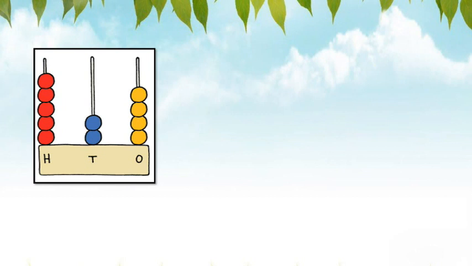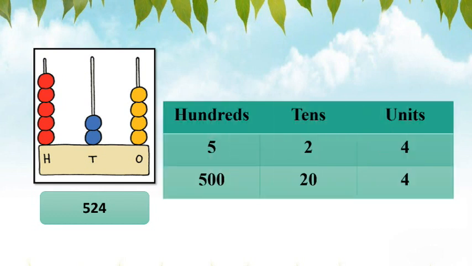Yes, in the hundreds spike we have how many beads, students? Yes, 5 beads. In the tens spike we have 2, right? In the ones spike we have 4 beads, so that means 524, right? Yes, you did a good job.